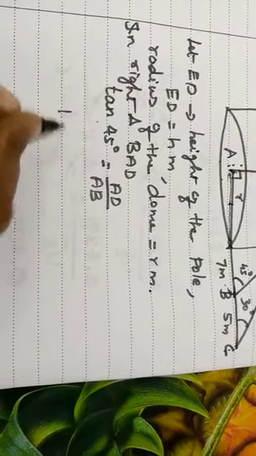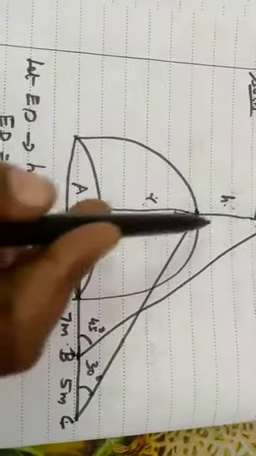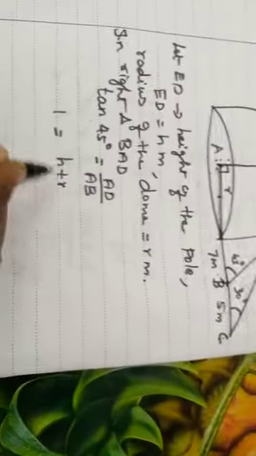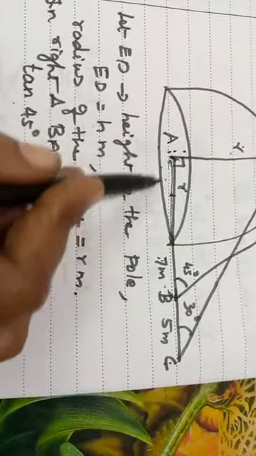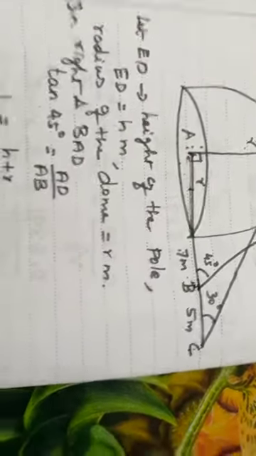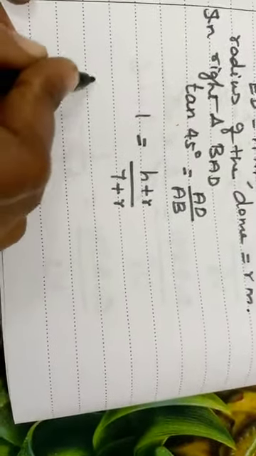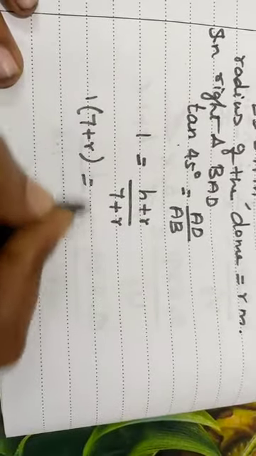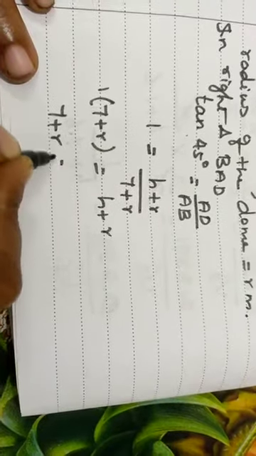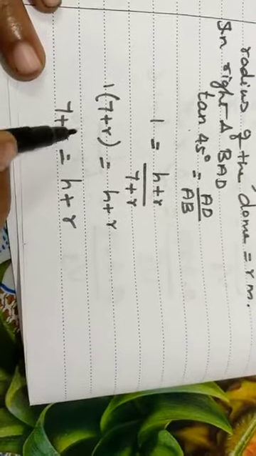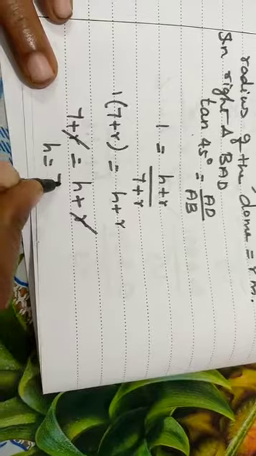So what is tan 45? 1. 1 is equal to, here AD is h plus R, total distance, by AB is R plus 7 or 7 plus R. Okay, AB, this distance, 7 plus R. Cross multiply it. 1 into 7 plus R equal to h plus R. It can be written, 1 into 7 plus R is 7 plus R equal to h plus R. Both sides R is there, can be cancelled. R can be cancelled, implies we get height h is equal to 7 meter.